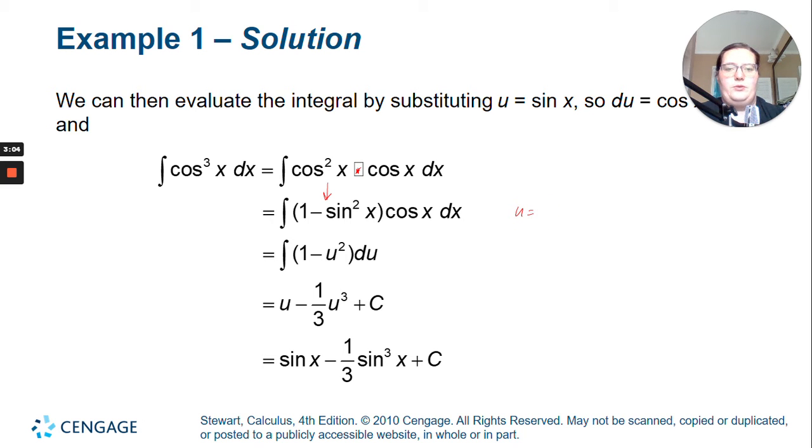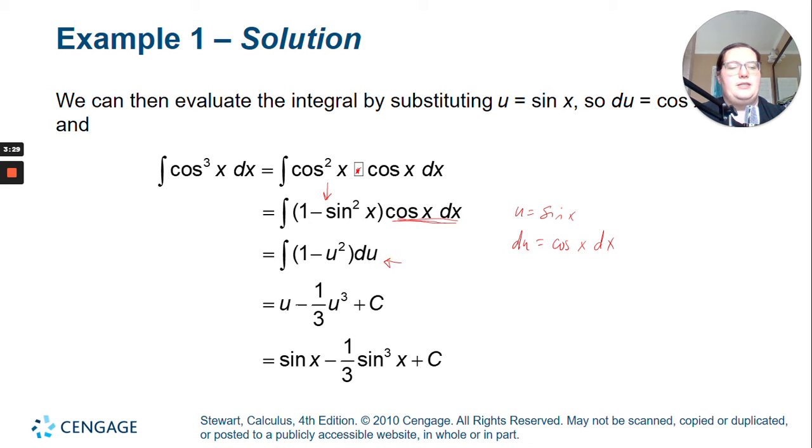So my U is going to be sine x, which means that my du is cosine x dx. So I'm going to rewrite this entire thing. Here's my du. I have 1 minus u squared instead of 1 minus sine squared, and so I've reduced this down to 1 minus u squared du.